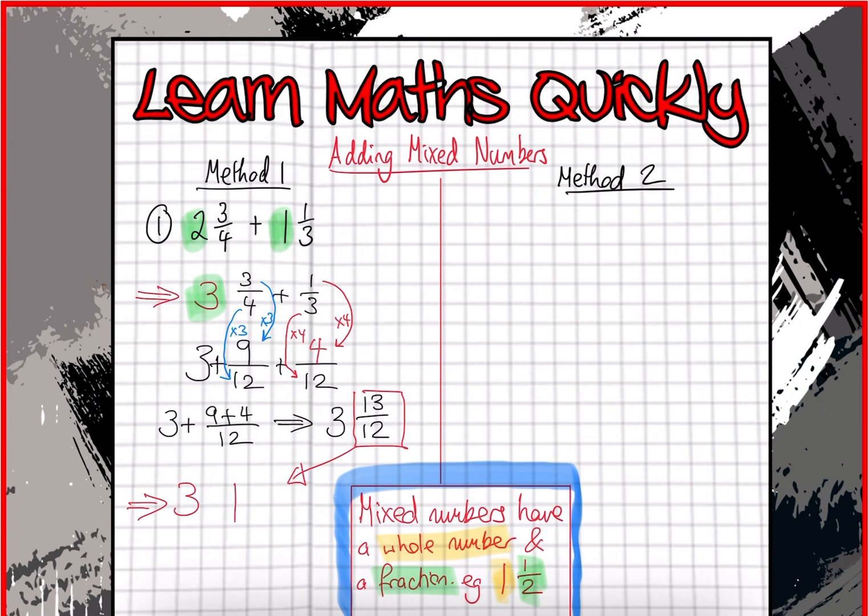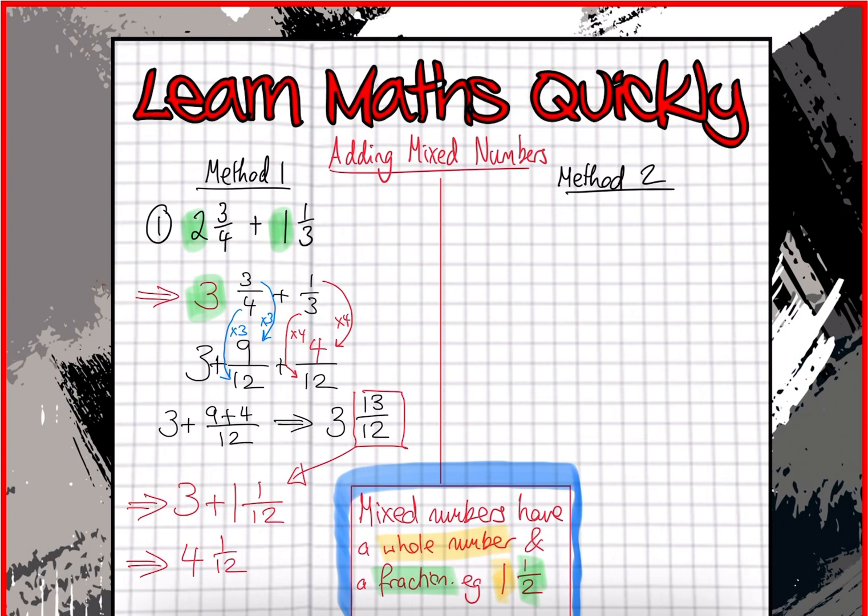Well, 1 goes into 13, and there's 1 left over. So that leftover, or that remainder, goes as a numerator on top of the denominator, which is 12. But we're still not done, because we've still got our 3 as our whole number, plus our 1 and 1/12, which leaves us with 4 and 1/12.